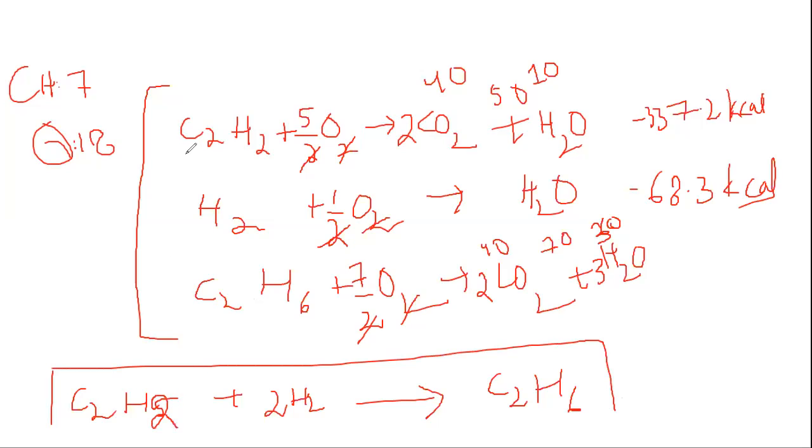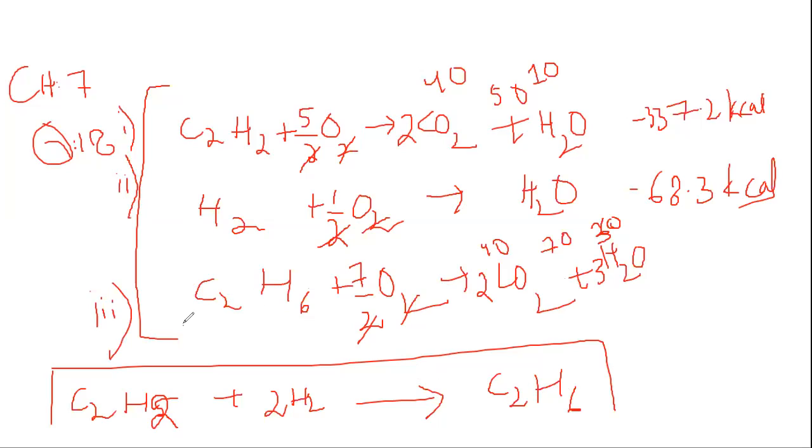So here you can see there is C2H2 in equation number 1. You need H2, so you can see in equation number 2 there is H2, and then you need C2H6 on the product side, and in the third equation C2H6 is present, but on the reactant side. Which proves that you have to subtract equation number 3, and add equation number 1 and 2, because you need C2H6 on the product side.